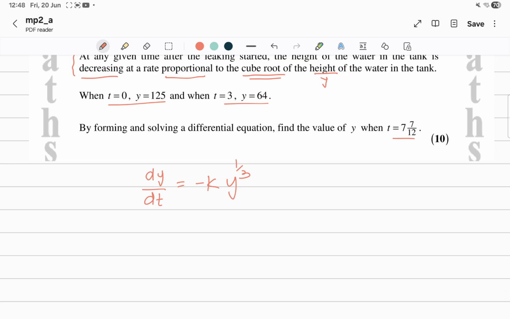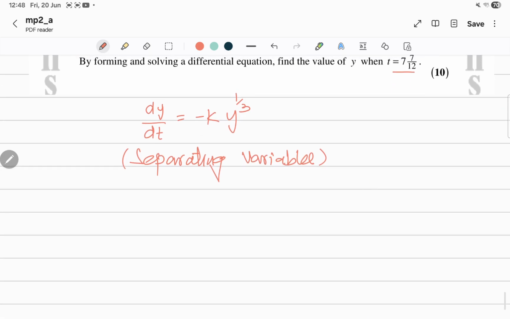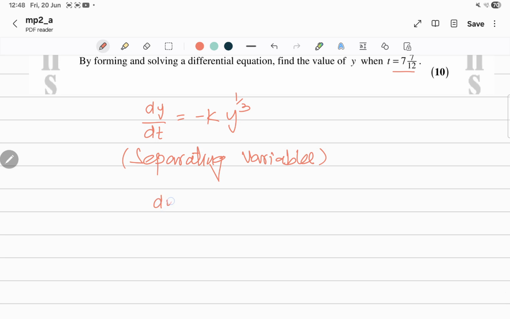Now since we need to solve this differential equation, we should apply separation of variables first. So if we take dy on the same side, and divide by y power 1 over 3 on both sides, we get 1 over y power 1 over 3 on the left hand side.